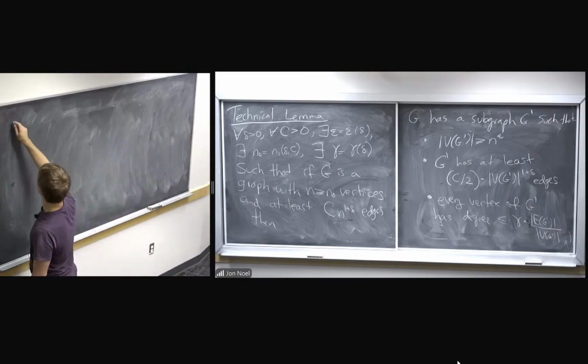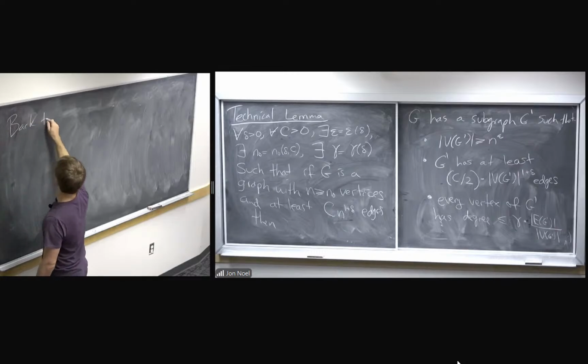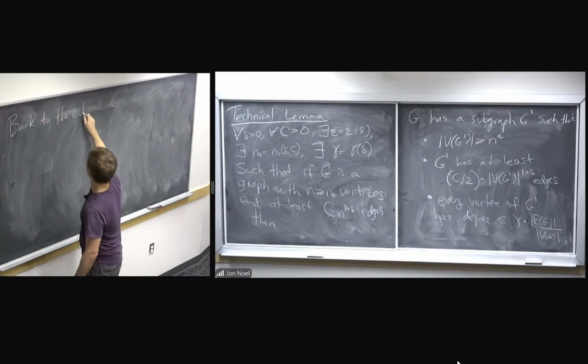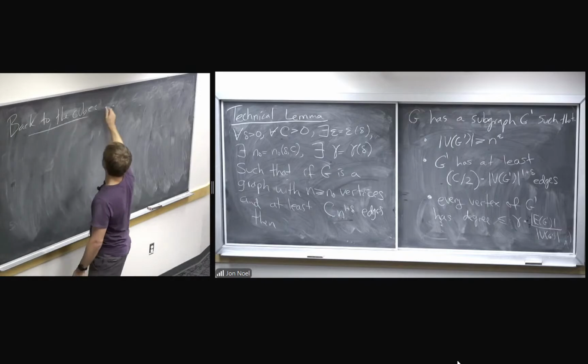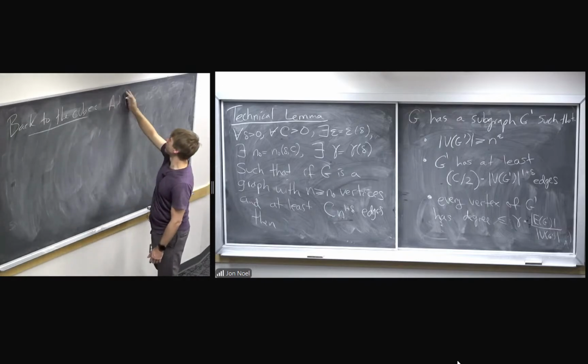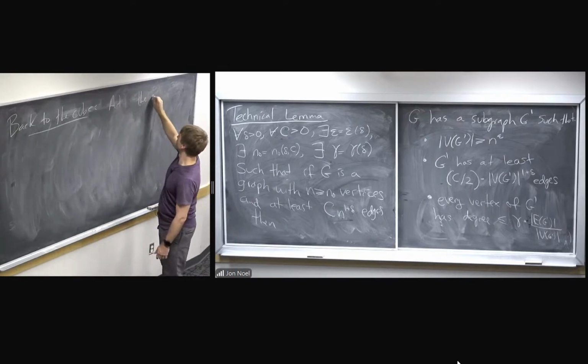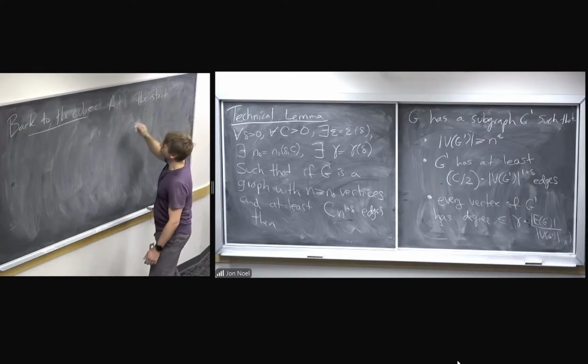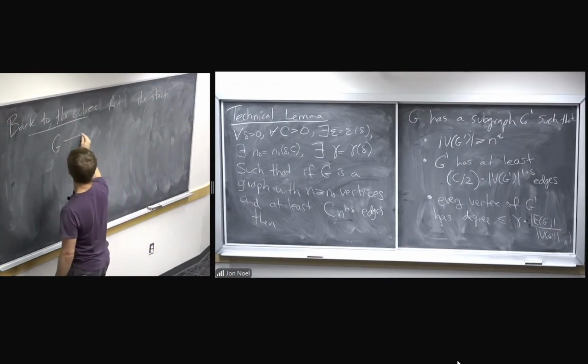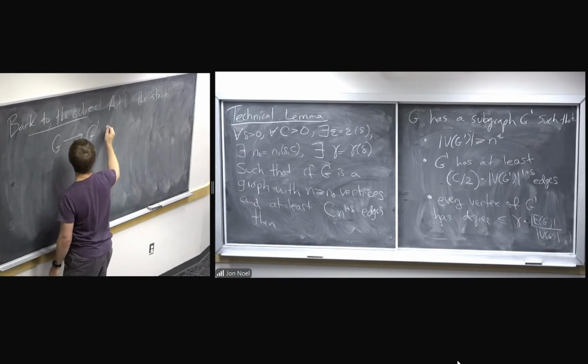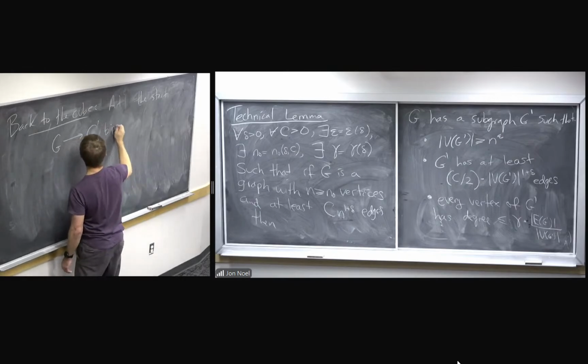So back to the cube. At the start, like we did, we went from G to a bipartite graph with at least half the edges.